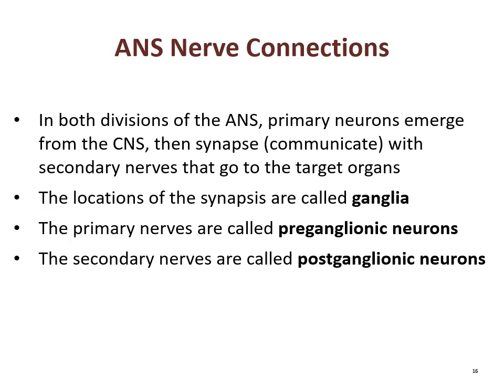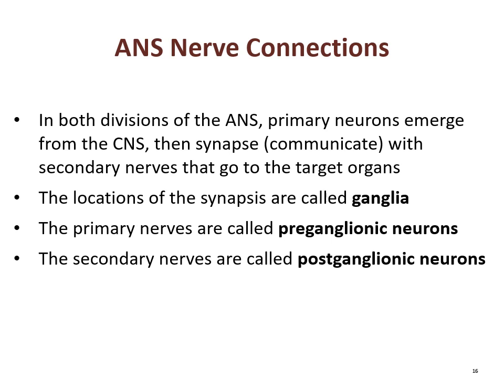Now, another important aspect of the ANS is the way the nerves connect. In the somatic nervous system, a neuron comes out of the spinal column and goes directly to the skeletal muscle. It's sort of one neuron.